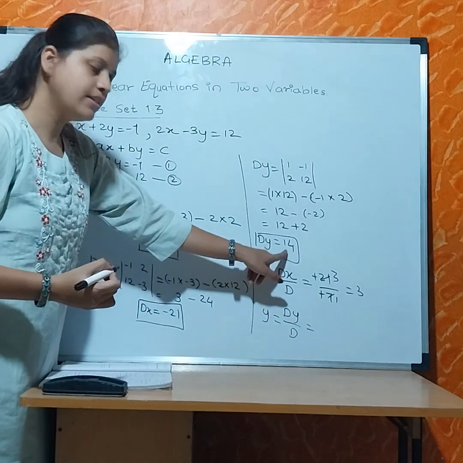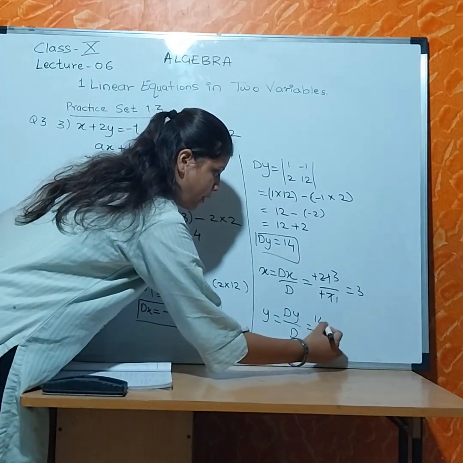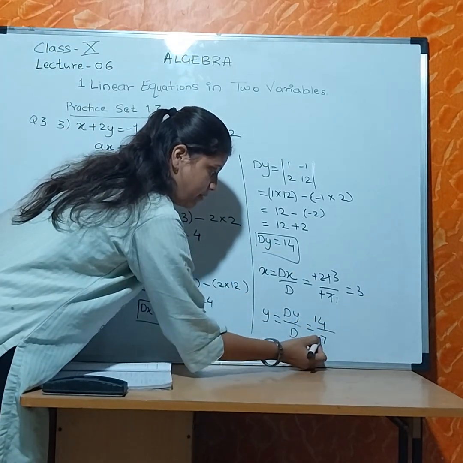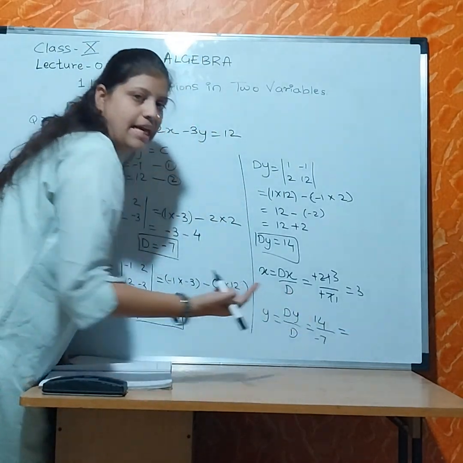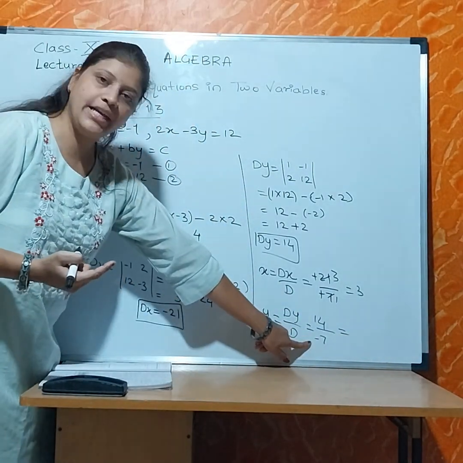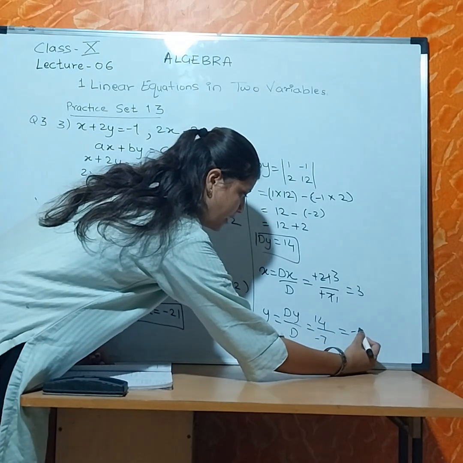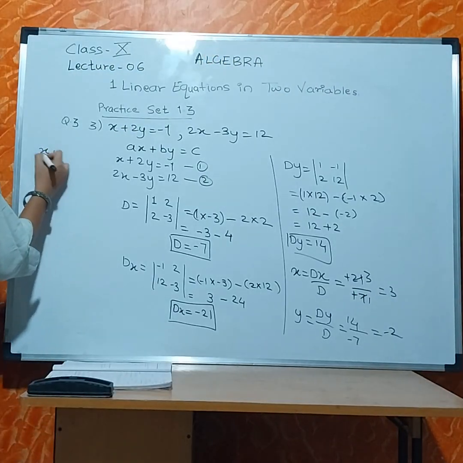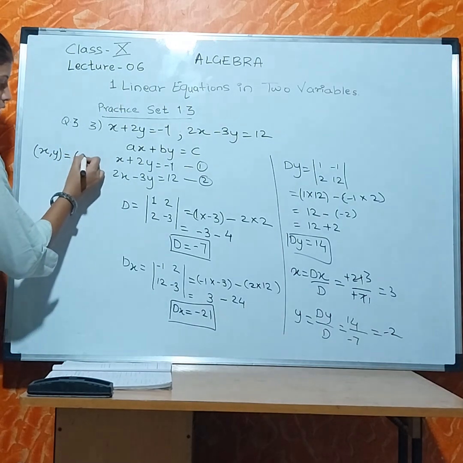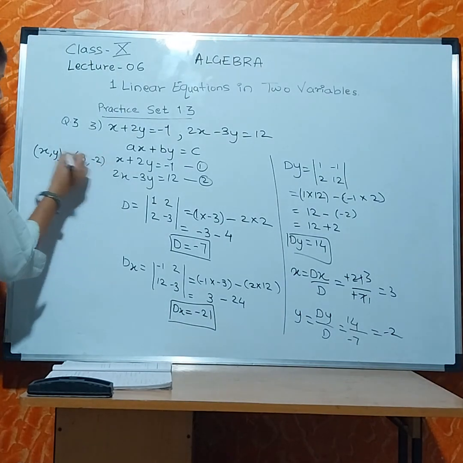So dy is 14 and d is 7, but it is minus 7. So 7 twos are 14, but it is negative. So our answer will be minus 2. The solution of this equation is x comma y is equal to 3 comma minus 2.